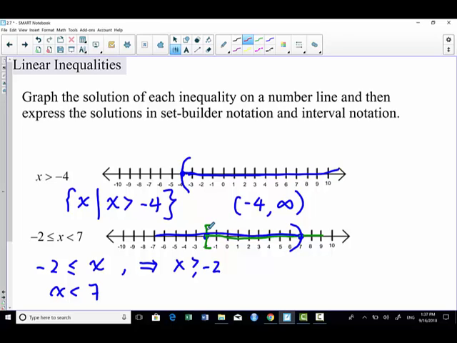So double shaded area on the real number line represents the graph for this inequality. And the interval notation for this double shaded area from left to right, the left endpoint is negative 2. Use square bracket, comma, 7, parentheses.